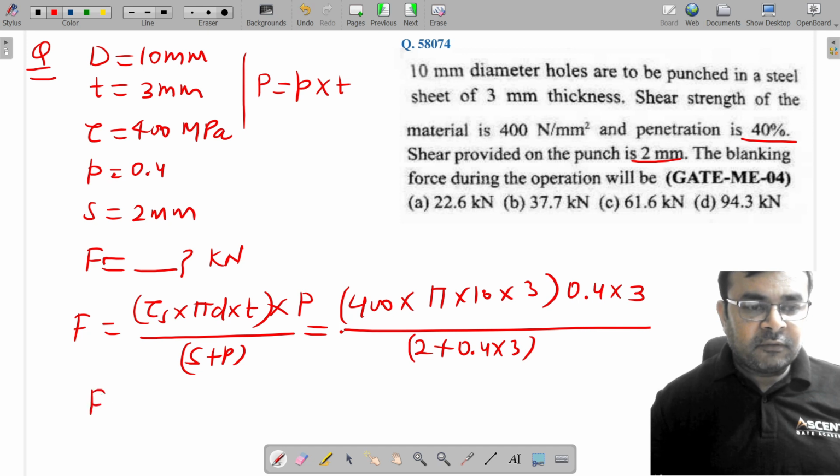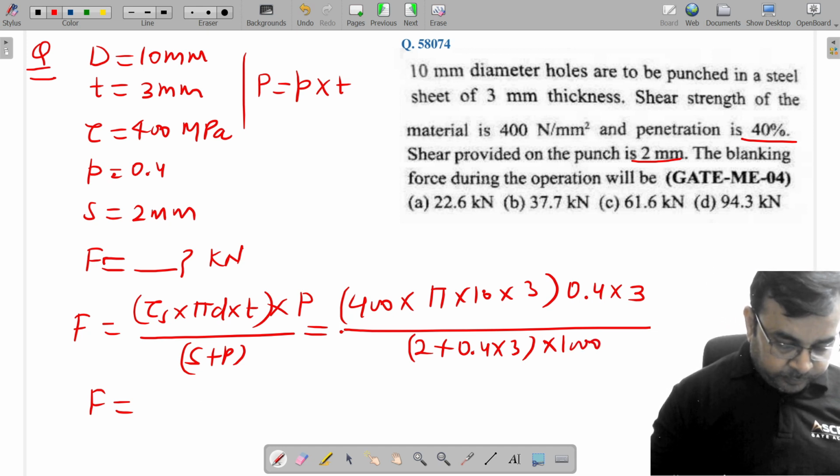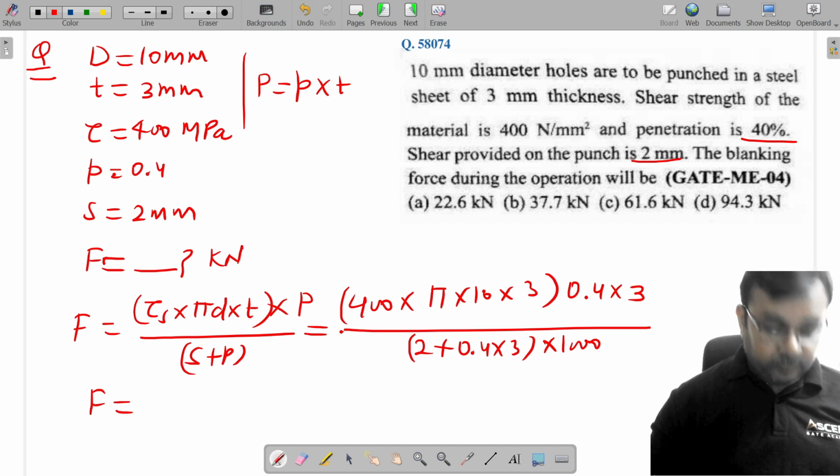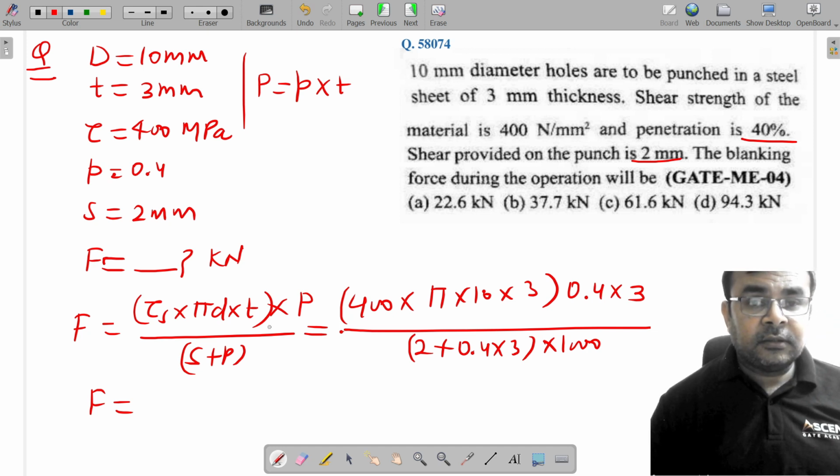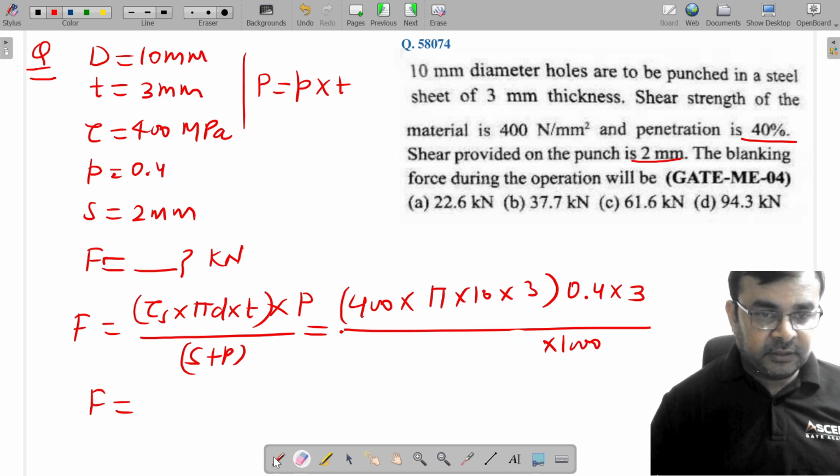So now if we calculate this, obviously we need to write the answer in kilonewtons, so simply we divide by 1000. Let me see what the correct value is. So 400 into pi into 10 into 3 into 1.2 over 1000 over 3.2. Here we are not using this term, because when you use it, the answer will not match any of the options.